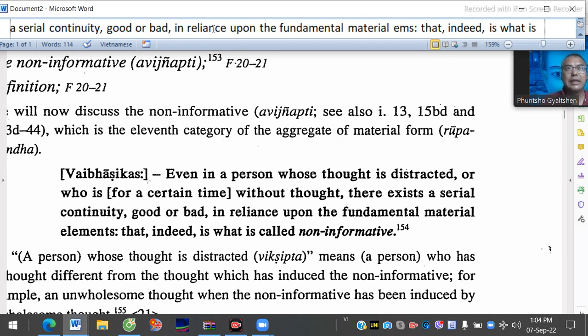It relies on the informative bodies. Once you have the non-informative, you also have to have an informative body. Informative means those which are detectable, visible, expressed, gross; that kind of entities could be called informative bodies, informative forms. So the non-informative here, avijnapti particularly, refers to that. It is saying it does exist, though it is not detectable through the five faculties.